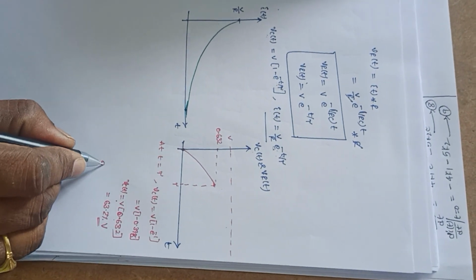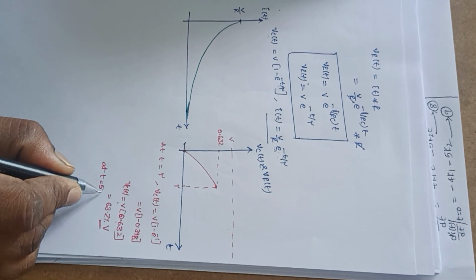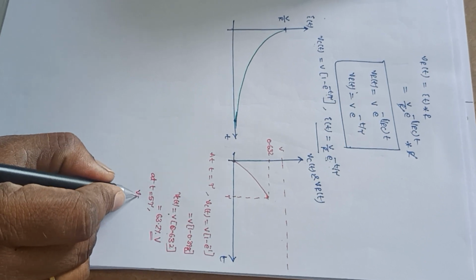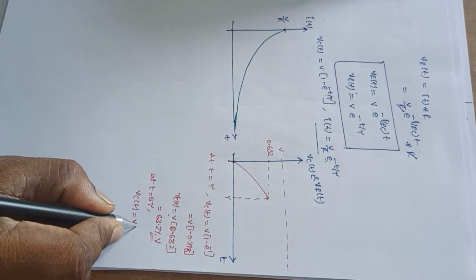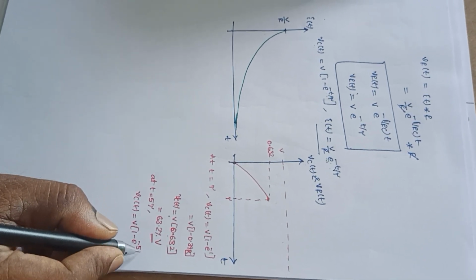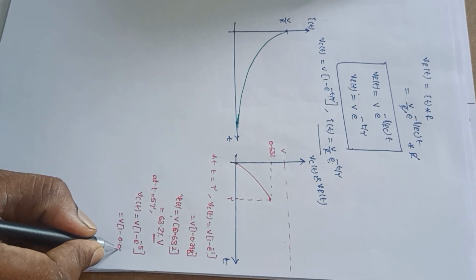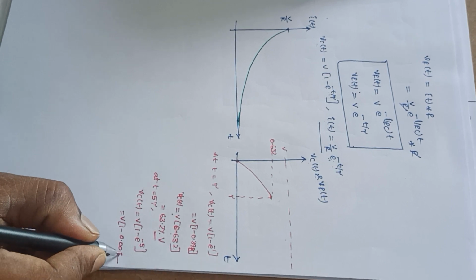Now at t equal to 5 tau, the value of Vc of t is V into 1 minus e power minus 5. The value of e power minus 5 is 0.006 something like that.